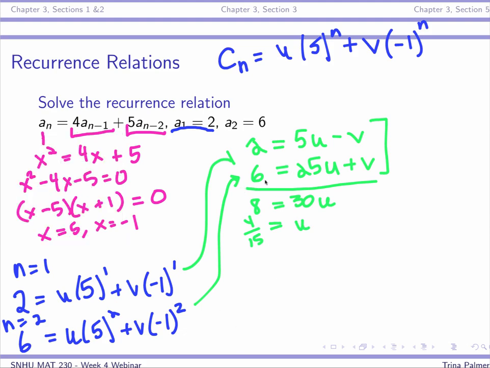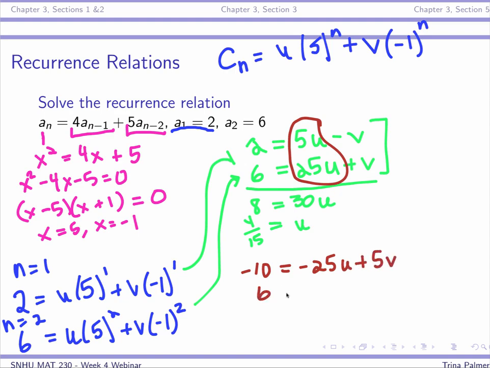So let me think of it another way. Suppose I wanted to find a way to cancel out my u's. In order to do that, I'd have to first multiply my first equation by negative 5. So let me do that. If I multiply the entire first equation by negative 5, I'd have negative 10 equals negative 25u plus 5v.